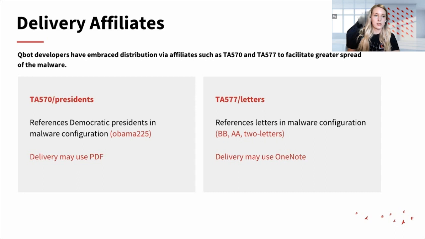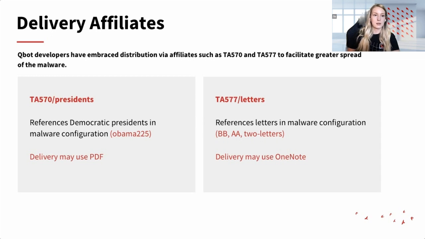TA570 is informally known as Presidents because they reference Democratic presidents in their malware configuration. So one example of that's Obama225. I don't know why it's just Democratic presidents. Probably won't ever know, but that's just the way it is with them. And then Letters, they reference letters in their malware configuration, usually just a set of two, so like BB or AA.